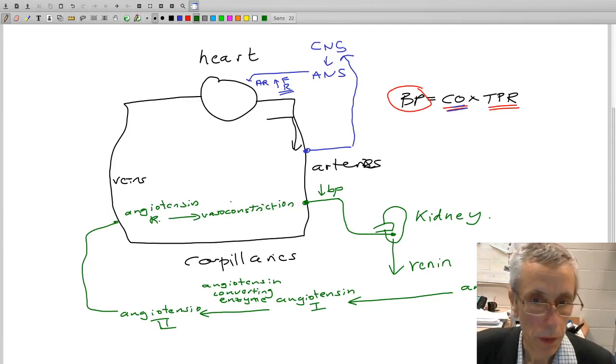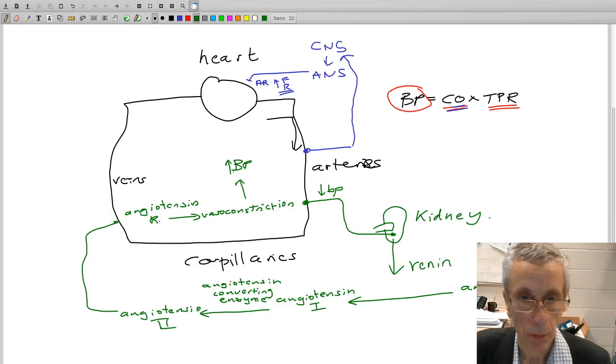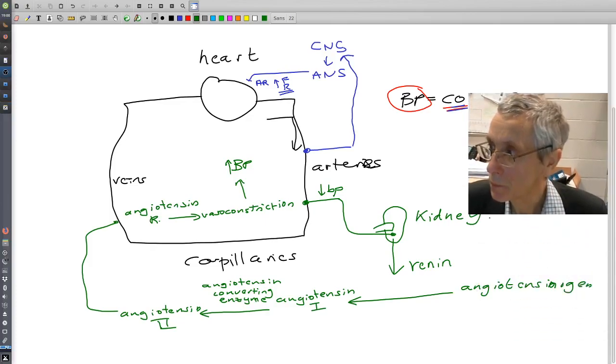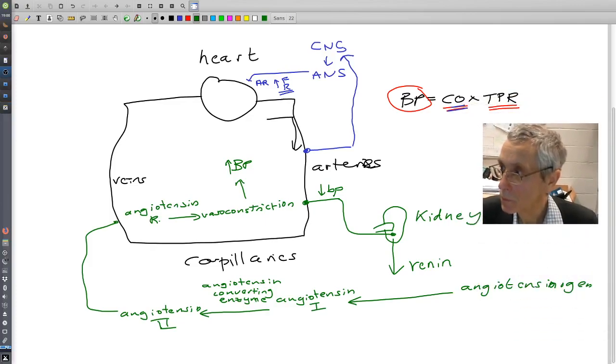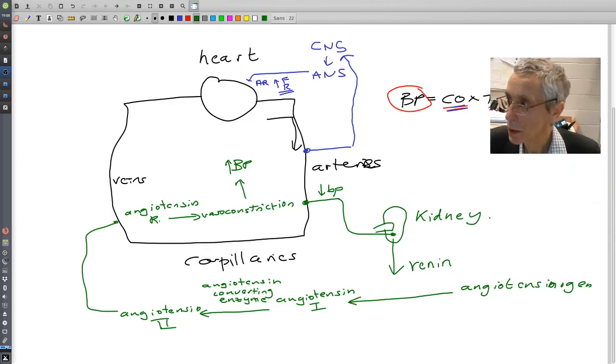And that of course results in an increase in blood pressure. So a fall in blood pressure through this loop results in a rise in blood pressure. So we have this homeostatic mechanism taking place. So I'll move myself up out of the way so you can see what I'm talking about there.